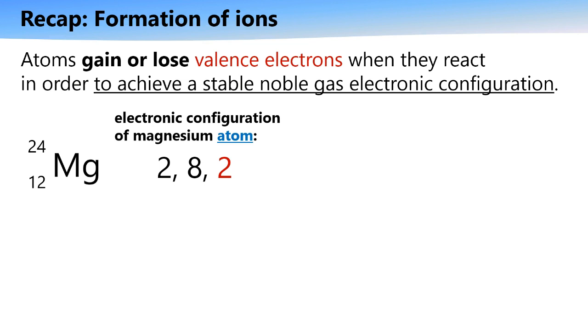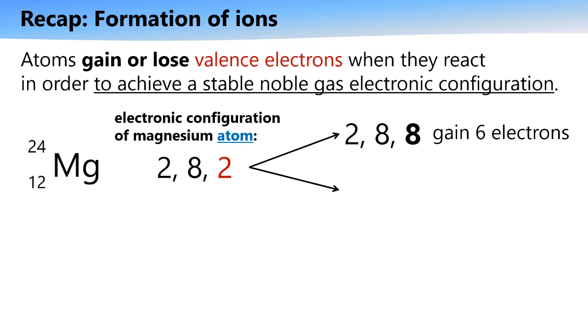For the atom to be stable, it can either become 2,8,8 by gaining 6 electrons, or it can become 2,8 by losing 2 electrons, because it wants to achieve a stable noble gas electronic configuration. It wants to have its valence shell fully filled.